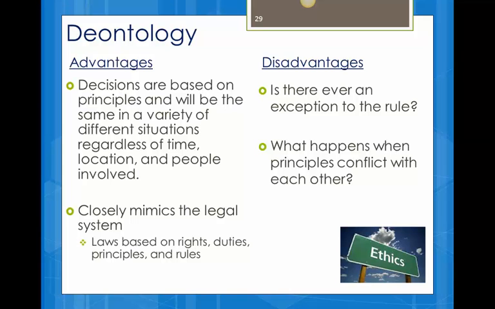Some of the disadvantages: is there really ever an exception to the rule? And what happens when principles conflict with each other? In reality, there probably are few pure followers of deontology, because most people will consider the consequences of their actions in the decision-making process. All right?